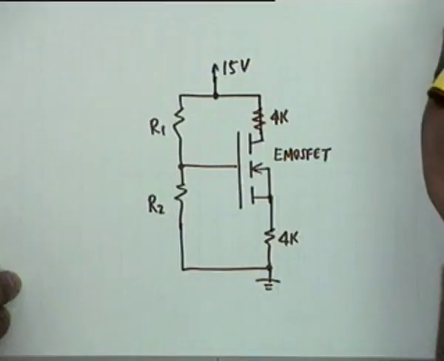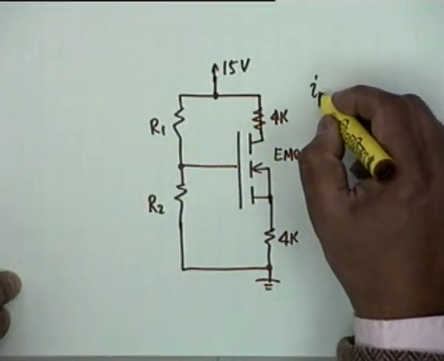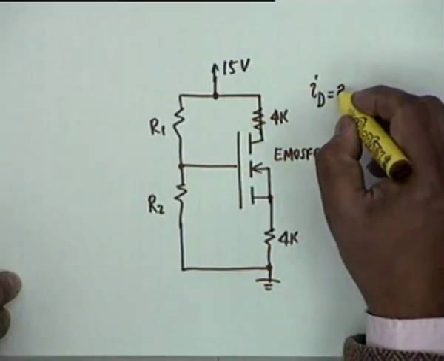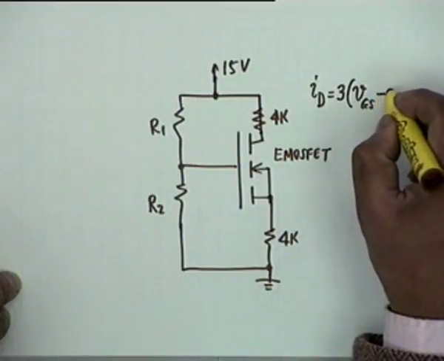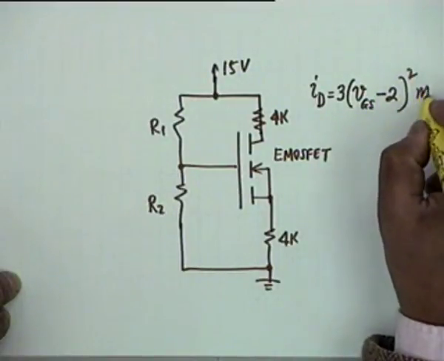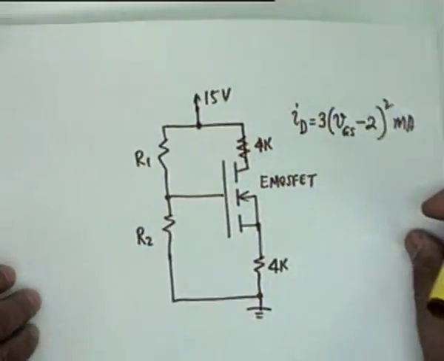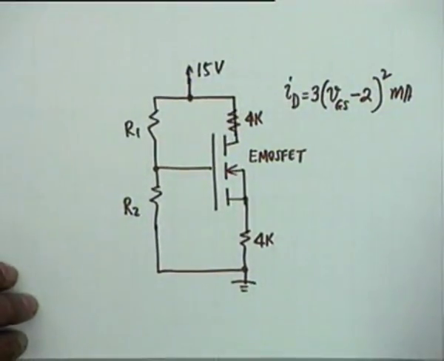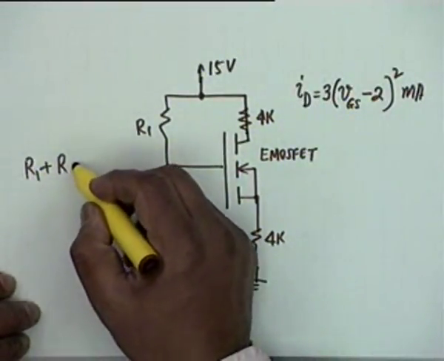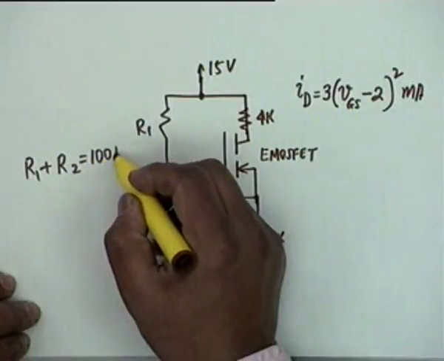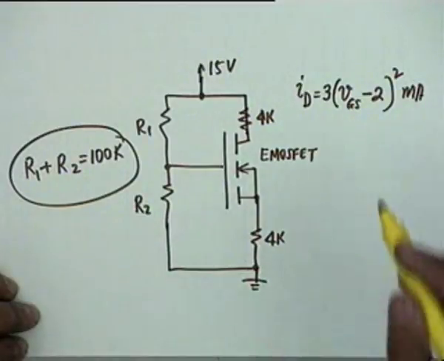This is the circuit in which it is given that I sub D is equal to 3 times VGS minus 2 whole squared milliampere, which means that VT is equal to plus 2 volts. This is what is given. It is also given that R1 plus R2 is equal to 100K.